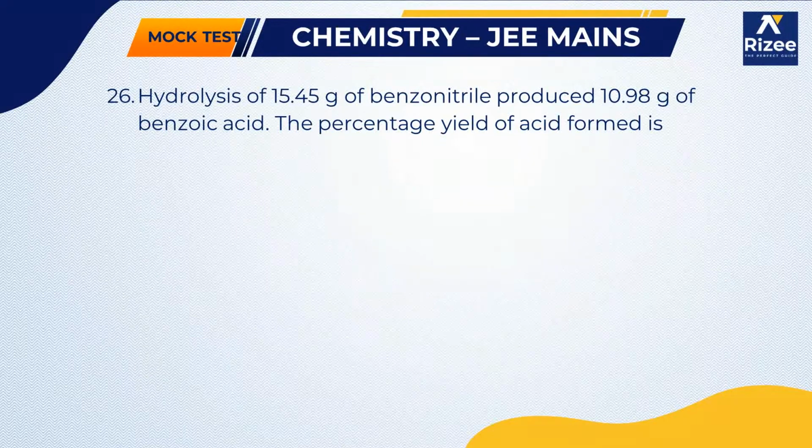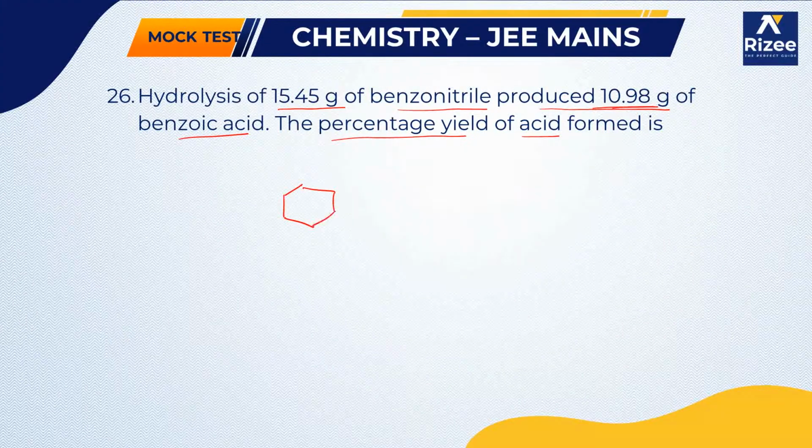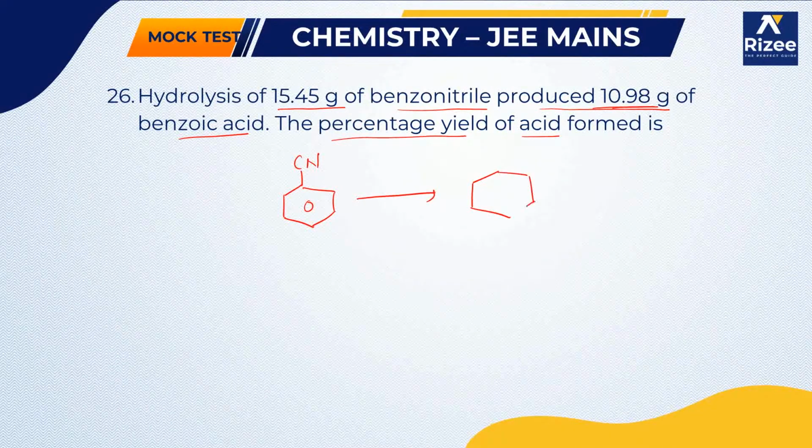Okay. So moving on to the next question, he is saying that hydrolysis of 15.45 grams of benzonitrile produces 10.98 grams of benzoic acid. So he is asking the percentage yield of the acid. What is the benzonitrile formula? This is benzonitrile, and it is converted to benzoic acid, COOH.